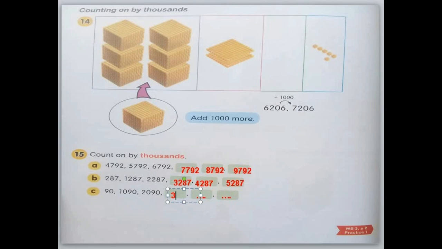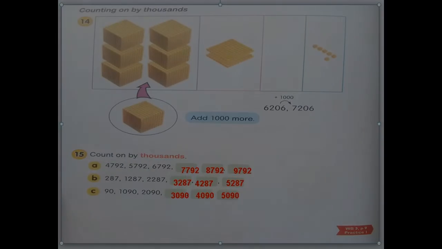And then the hundreds is 0. Tens is 9. And ones is 0. The next one. After 3,090, it must be 4,090. And then the last one, it must be 5,090. Is it clear, guys? Okay.